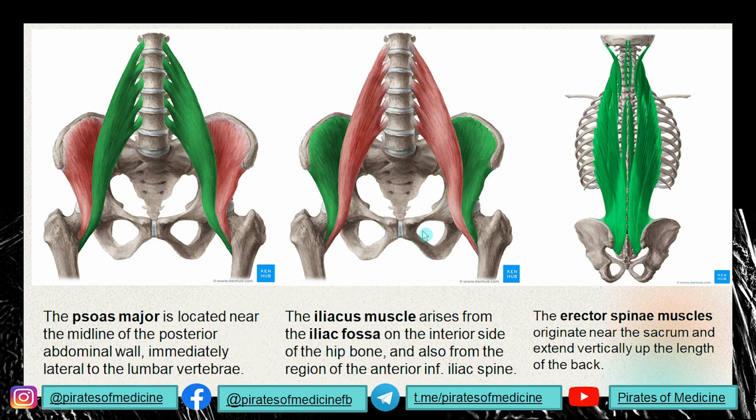And then we have the erector spinae muscle, which originates near the sacrum, and these are vertical muscular fibers which run upwards. So they are deep muscles of the vertebra. They help the spine to stay erect and straight. They are located deep, correct? Even though they are located in the region of the lumbar vertebra, they are deep and not as superficial as the psoas major muscle.